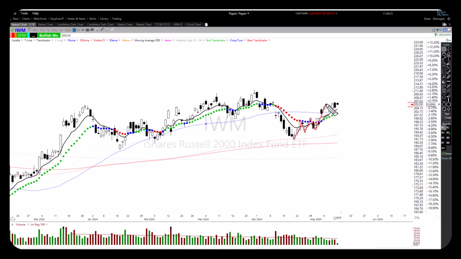Then we went to a higher high, higher low. And we're in the process of trying to make a higher high or a lower low. We're just moving sideways here. While we're doing that, price is above the T-line and the T-line is above the trend indicator. So right through here, I have to be bullish.